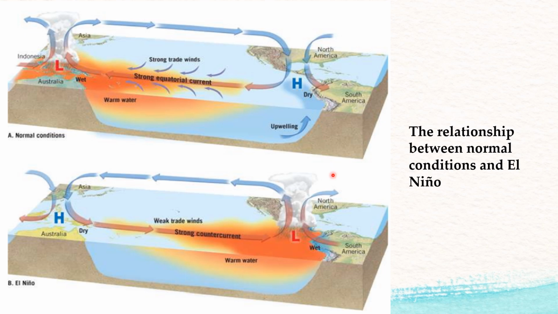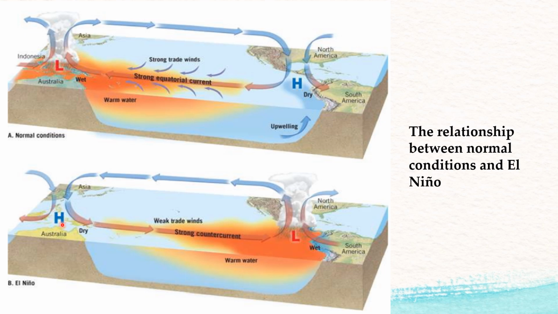In contrast to that, because this was the normal event, in an El Nino event, as you can observe, the pressure over the eastern Pacific drops. If you compare, in normal conditions there is a high pressure here in the eastern Pacific, but in an El Nino event there is a drop of the pressure over here in the eastern Pacific, while the pressure over the western Pacific rises.